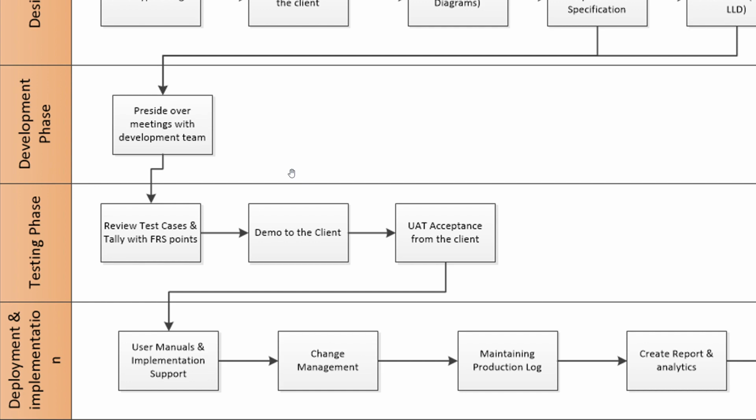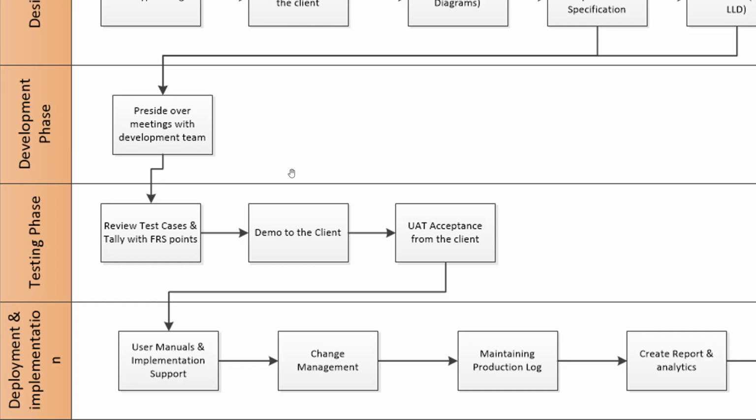Then finally, you need to make it go live, which is deployment and implementation. You create the user manuals or you preside over the user manuals. Then you provide implementation support like training and creating manuals. If during the go-live period or the implementation part there are certain changes or scope creep that happens, you need to have a change management plan, which would be mentioned very clearly in the FRS or BRD, and also in the contract.